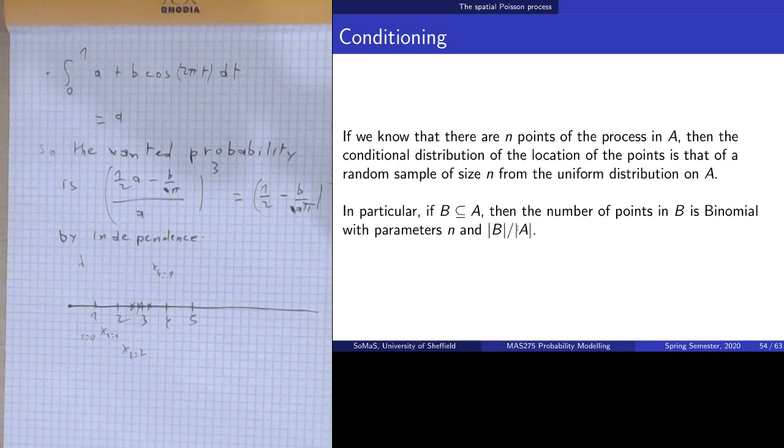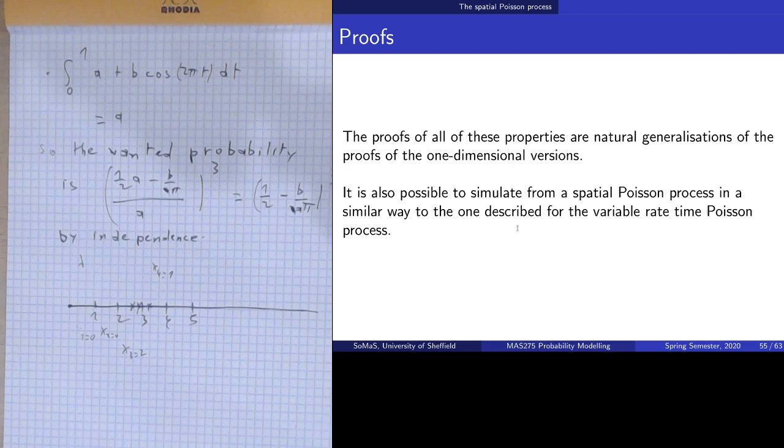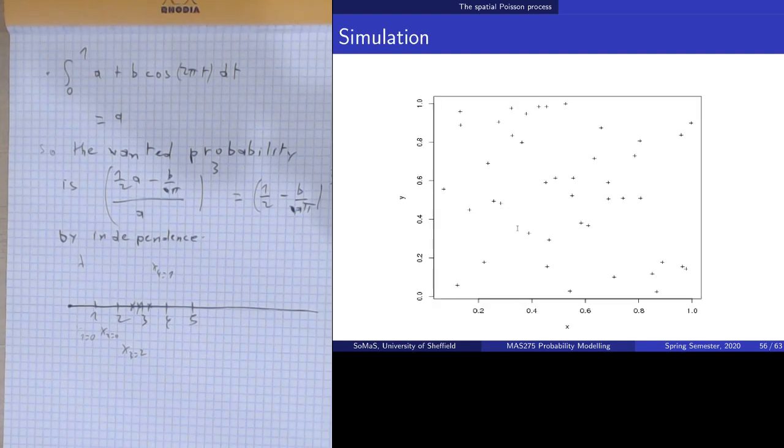And we're going to see that very soon with an example. So we're not going to prove anything because the proofs are the same. It's always, well, we have some Poisson variables and they are independent and we can add them together, or we can split them with binomial marking, and so on. There are no differences at all.